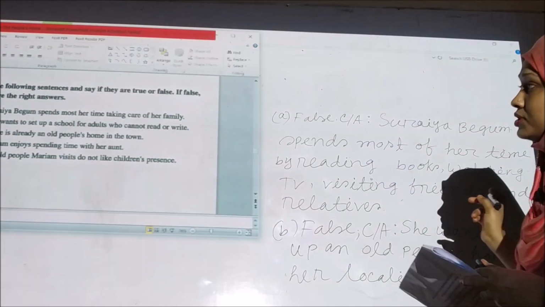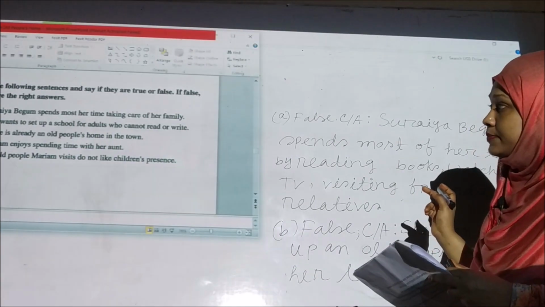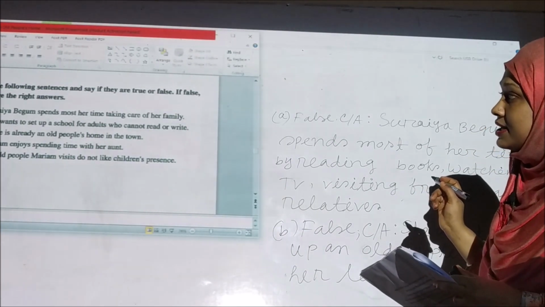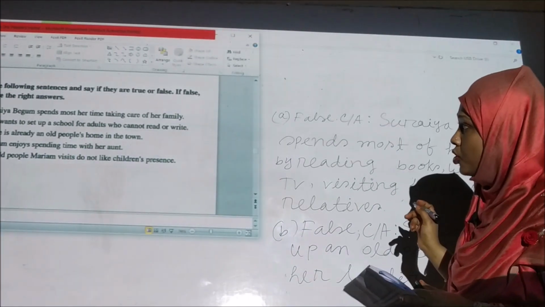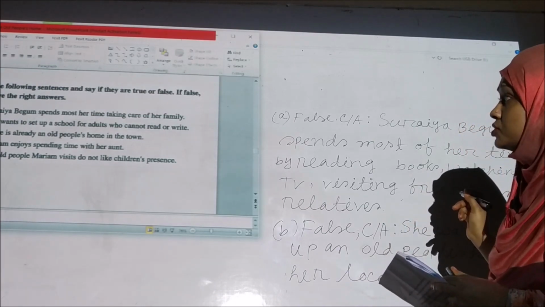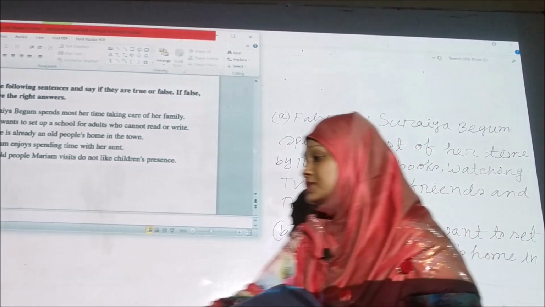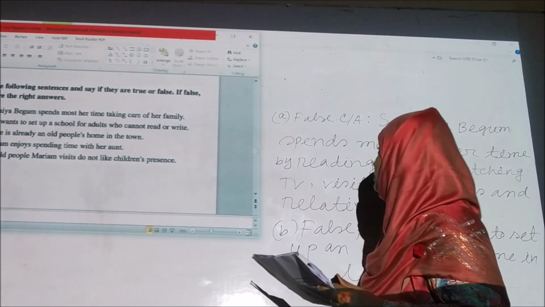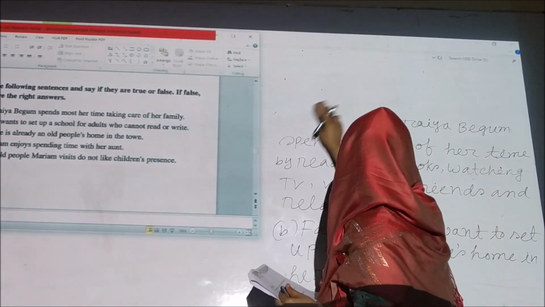Okay, now we will go to statement C, and the statement is there is already an old people's home in the town. So, it will also be false because at present there is no old people's home there.